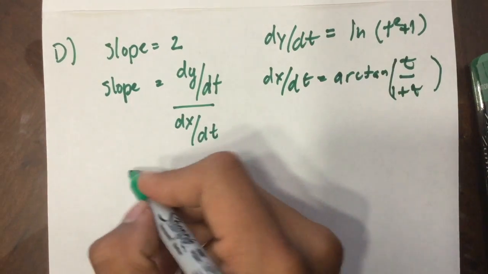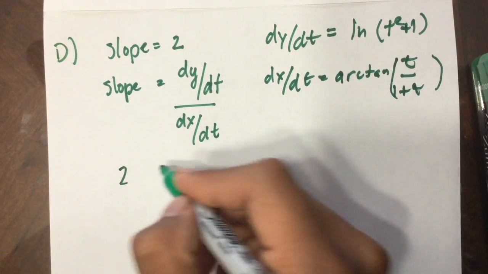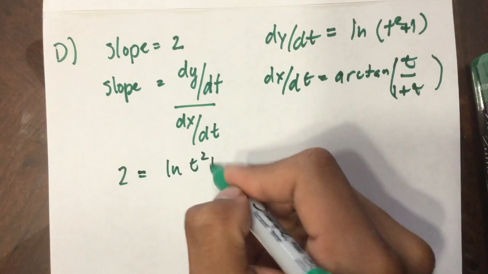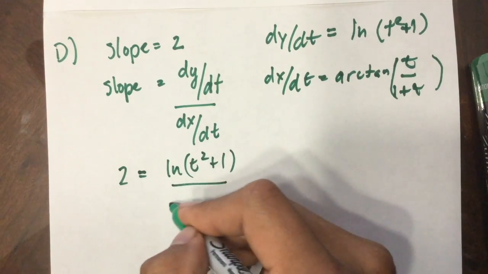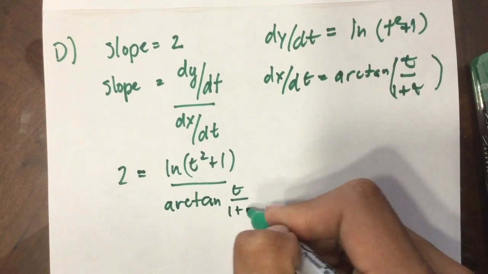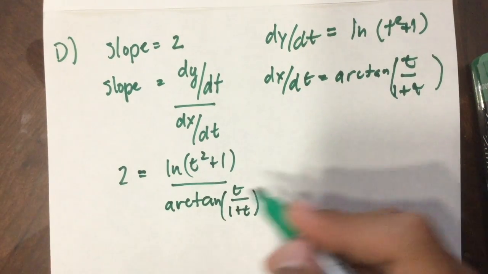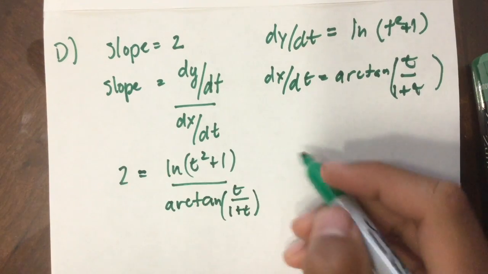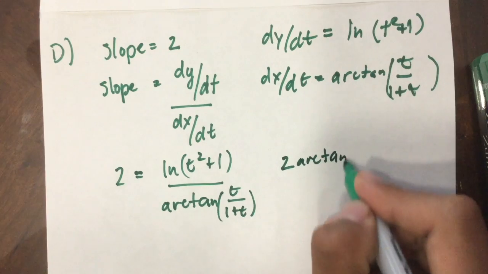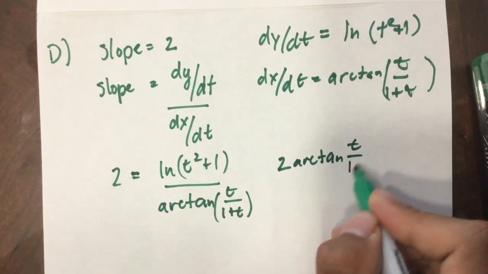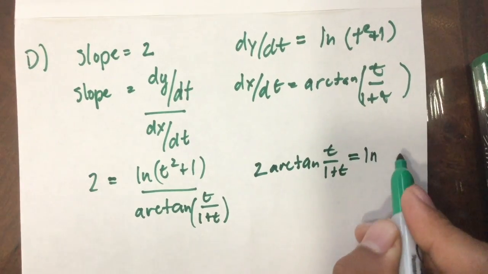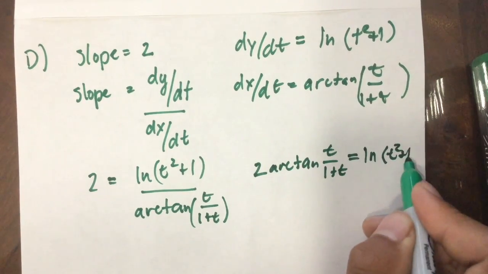So when you set it up, 2 is equal to ln of t squared plus 1 over arctan of t over 1 plus t. You can multiply arctan to the other side to get 2 arctan of t over 1 plus t is equal to ln of t squared plus 1.